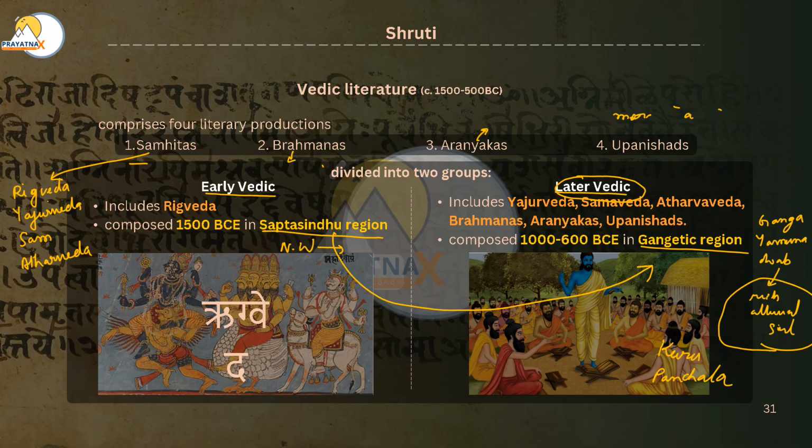Now talking about the Sapta Sindhu region, it includes the region of Punjab basically. Now Sapta Sindhu region basically means the confluence of 7 rivers.